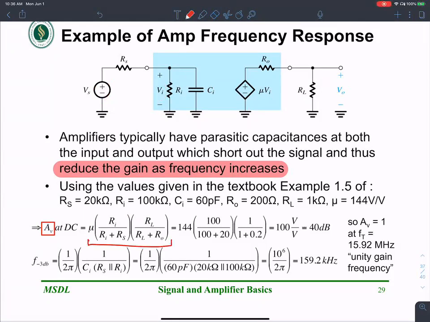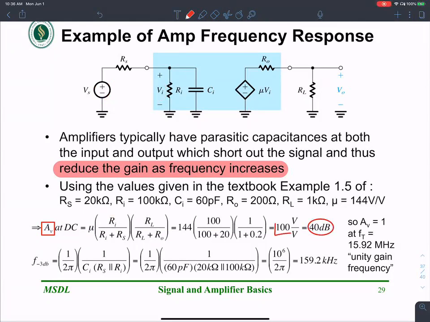The gain at DC is the intrinsic gain mu times the voltage division at the input side times the voltage division at the output side, the signal loss because of that. That's the gain, and you end up with a 40 dB gain.